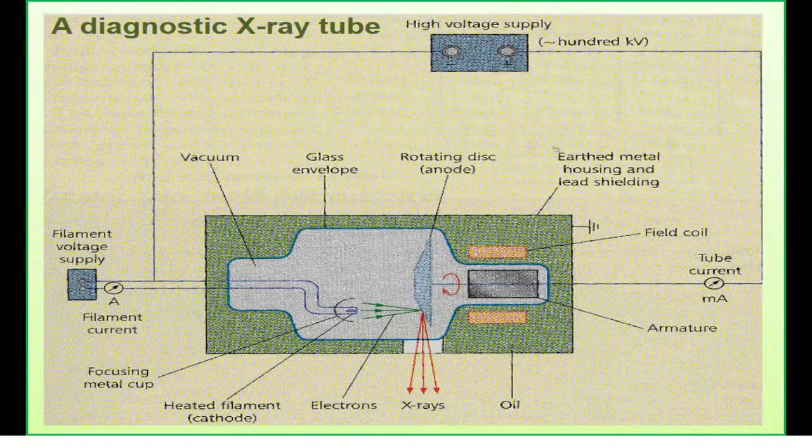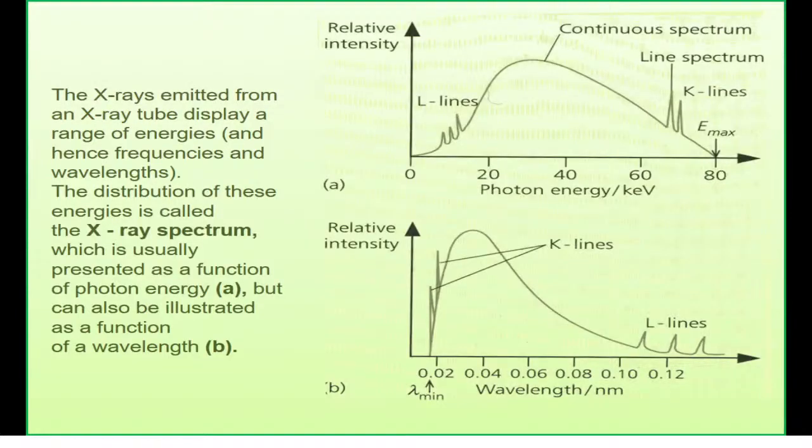So what is the spectrum of the electromagnetic energy radiated by the X-ray tube? There are two kinds of energy emitted from an X-ray tube, and this is displayed as the range of energies, and hence frequencies and wavelengths.